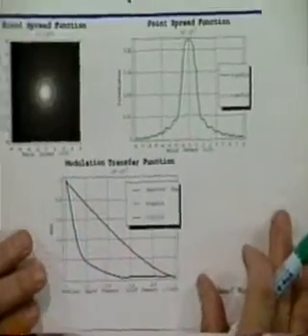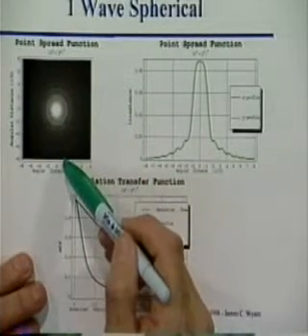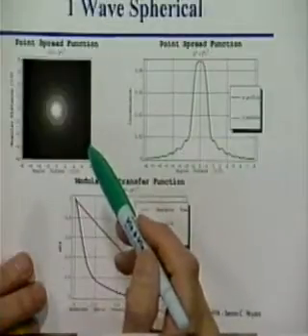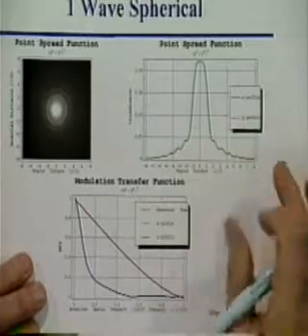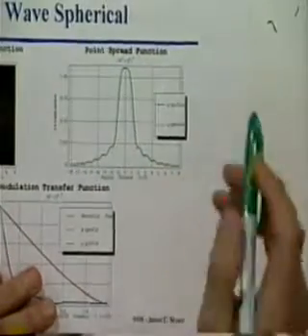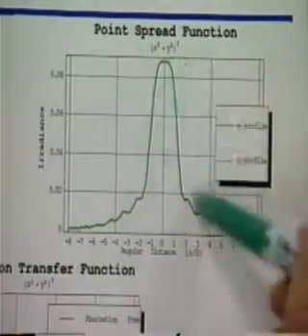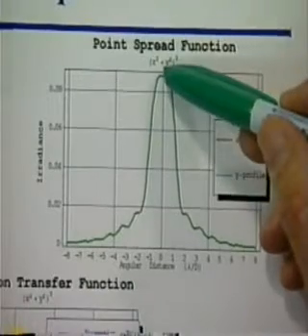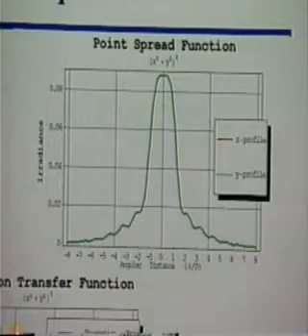If I had one with no aberration, the first 0 would be at 1.22 lambda over d. If I then make a plot of the intensity point spread function, again normalized such that with no aberration this would go to 1, here we go to 0.08 something.